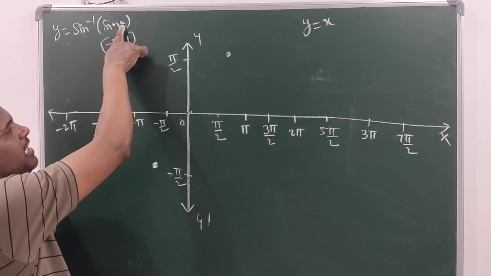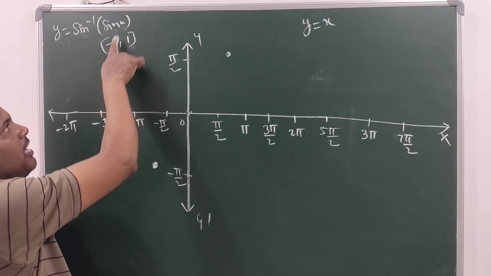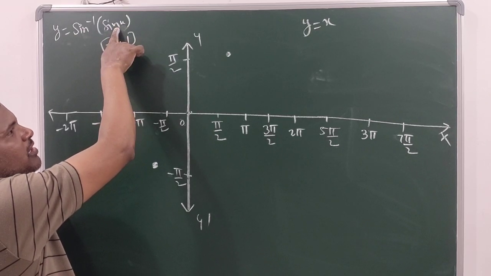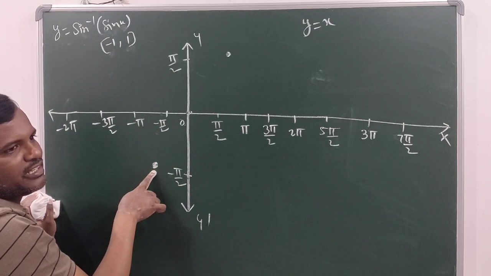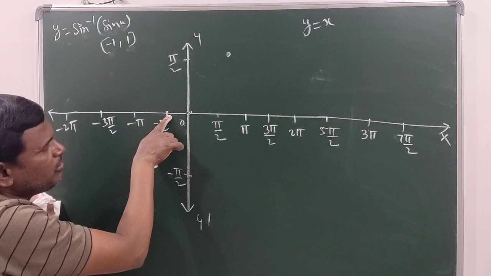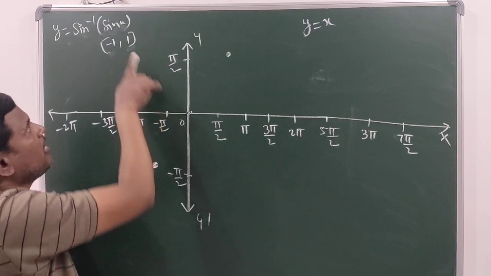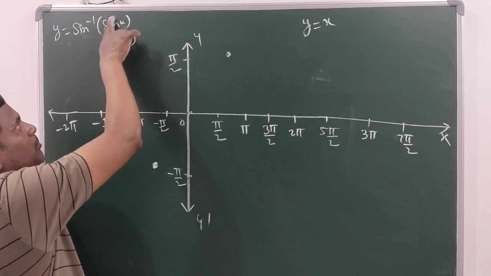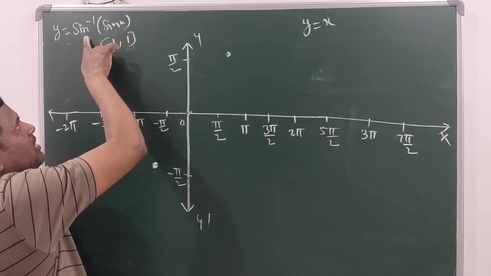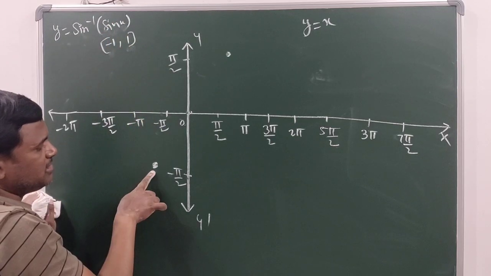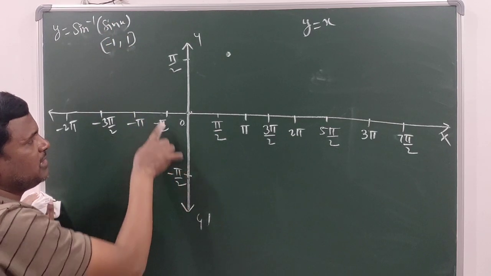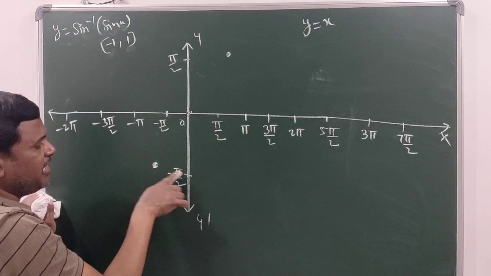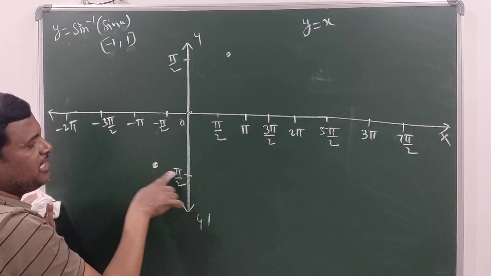Sine of minus 90 is minus 1, and sine inverse of minus 1 is minus 90. Are you getting me? The domain value I took is minus 90, and sine of minus 90 is minus 1. Sine inverse of minus 1 is minus 90, which you take on the y-axis. So the domain is minus 90, and the final range is minus 90.